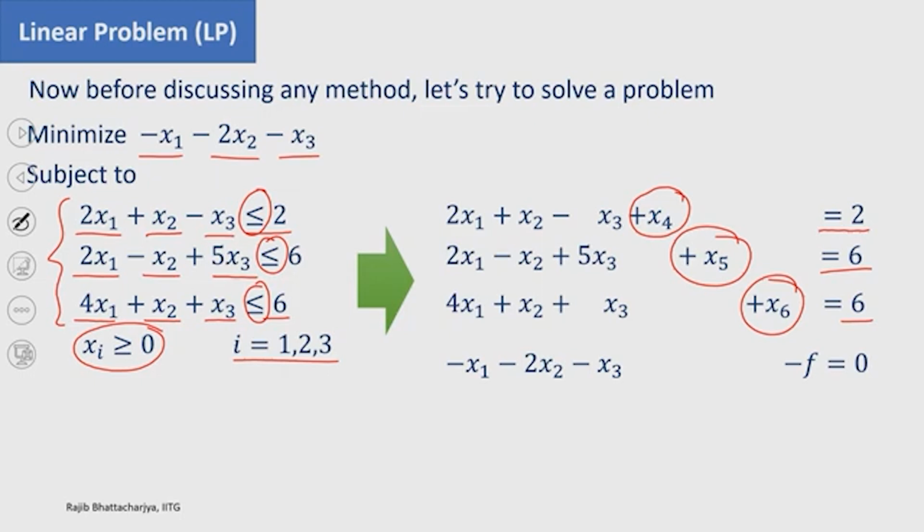Then I am writing the objective function. The objective function is minus x 1 minus twice x 2 minus x 3, and I am writing minus f. So f I am also taking on this side, which is equal to 0. Or you can say that if you take f on the other side, then f equals minus x 1 minus twice x 2 minus x 3, but I am putting f on this side, so this is minus f equal to 0.